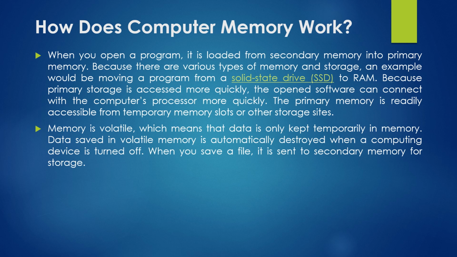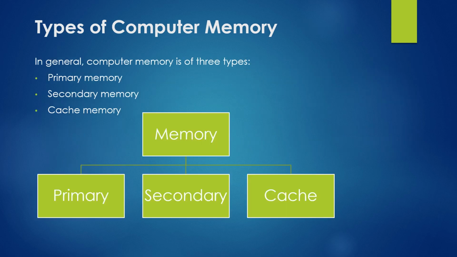Memory is volatile, which means the data is only kept temporarily in memory. Data saved in volatile memory is automatically destroyed when a computing device is turned off. When you save a file, it is sent to secondary memory for storage.